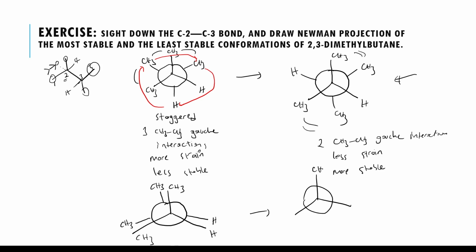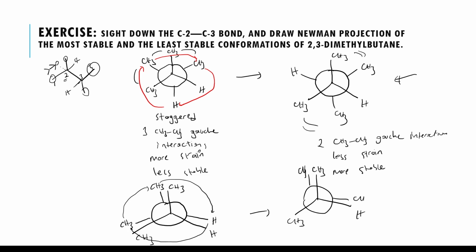Again, I'm going to keep the front the same, and for the back I'm going to rotate everything 120 degrees, so this methyl can come in place of this hydrogen, and this hydrogen can come in place of this methyl, and this methyl can replace this methyl group. So again, let's draw it.